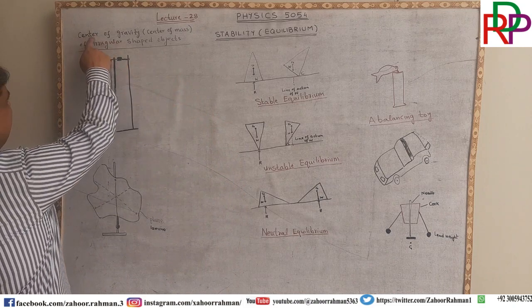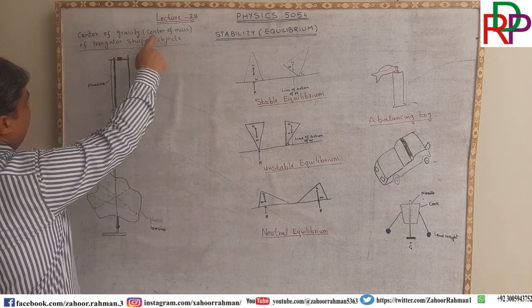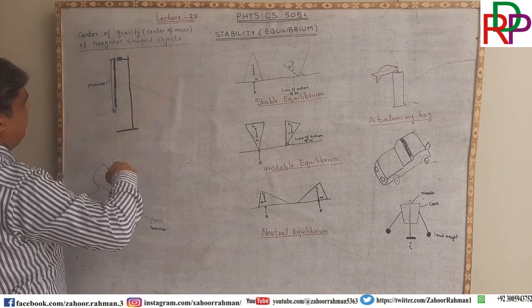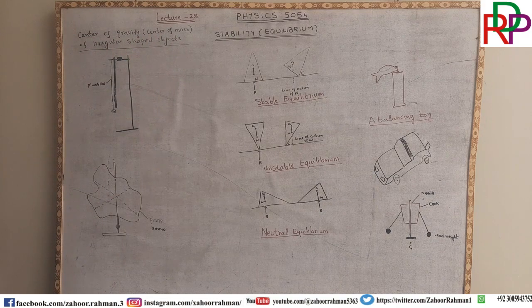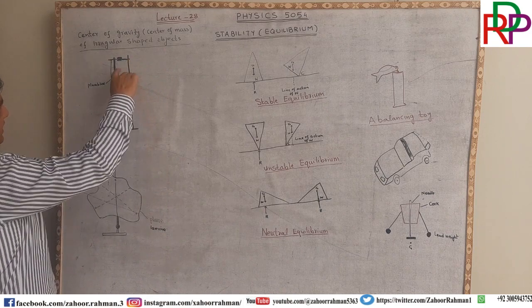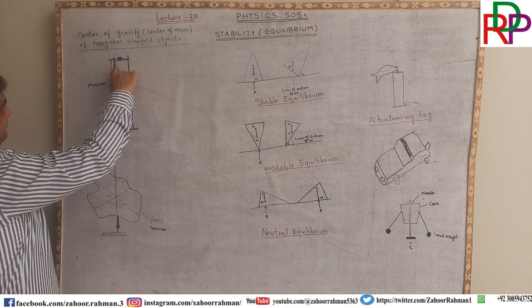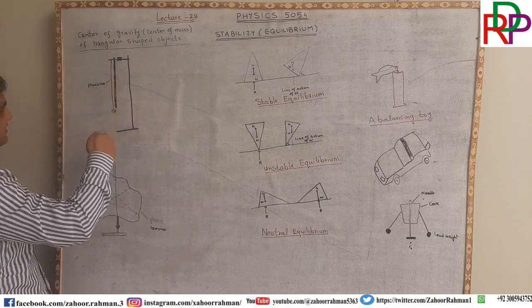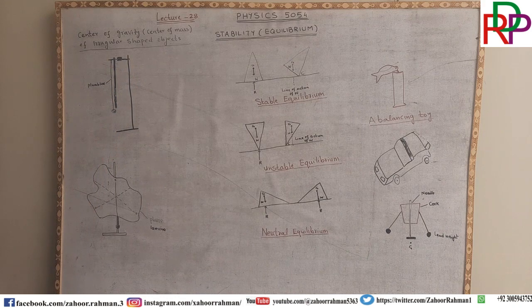The topic name is center of gravity or center of mass of irregular shaped objects. For that, we need a retort stand, a scale, and a thread with a bob, which is called a plumb line.